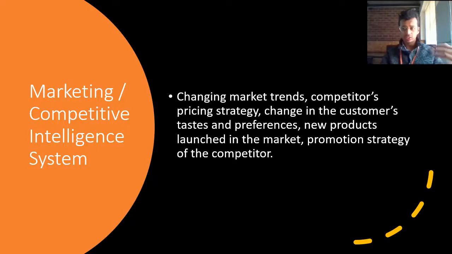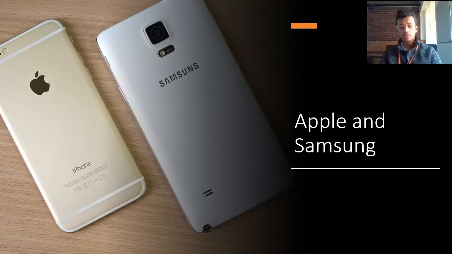Before going to the third thing, I want to take an example of Apple against Samsung. Given that Apple and Samsung are direct competitors, when Apple releases a new version of iPhone with certain features, Samsung looks to release a competitive model as well. Or when Samsung releases a new device with certain features, Apple looks to release a competitive model as well.